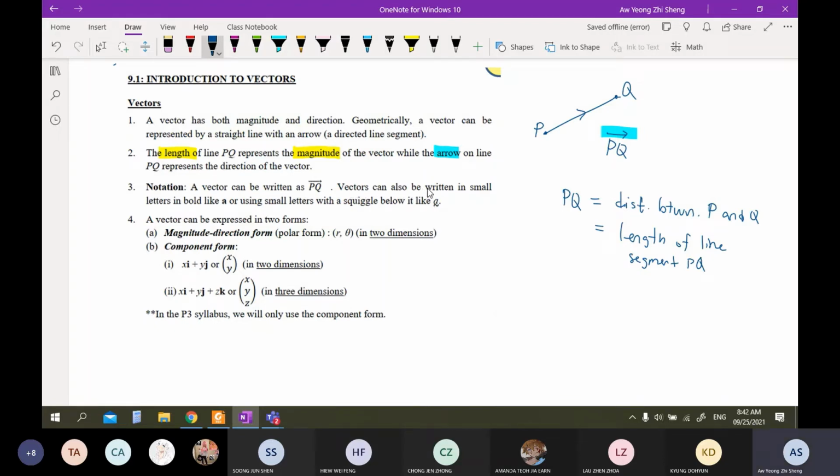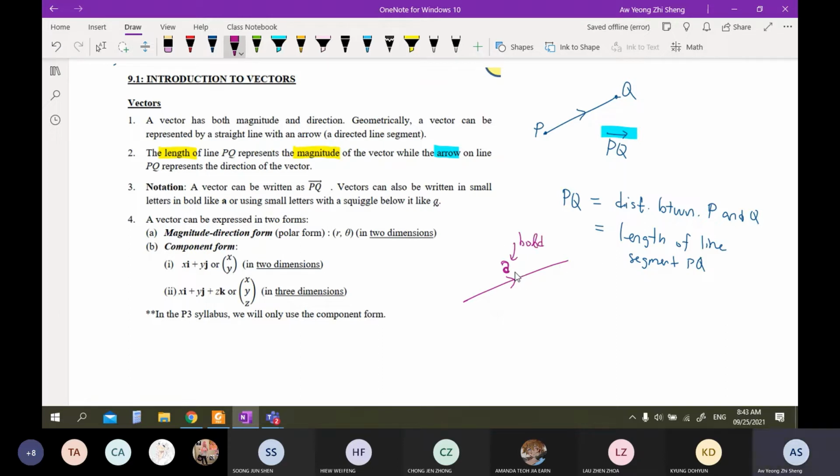Okay. Vectors can also be written in small letters in bold, like A printed in bold here. If it is in printed form, sometimes they may introduce small letters, A printed in bold. So this letter is in bold.